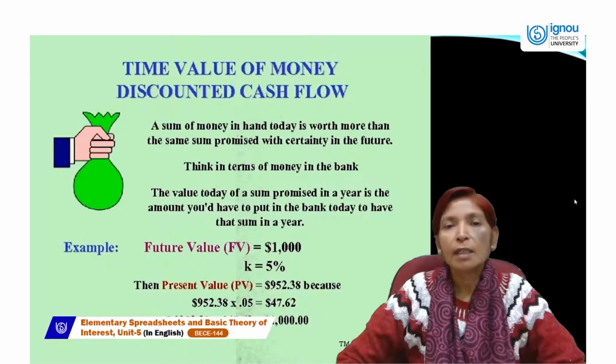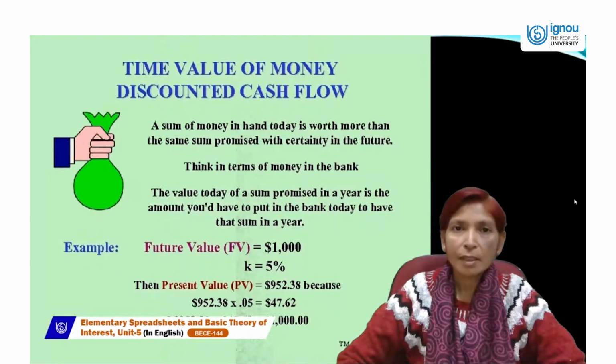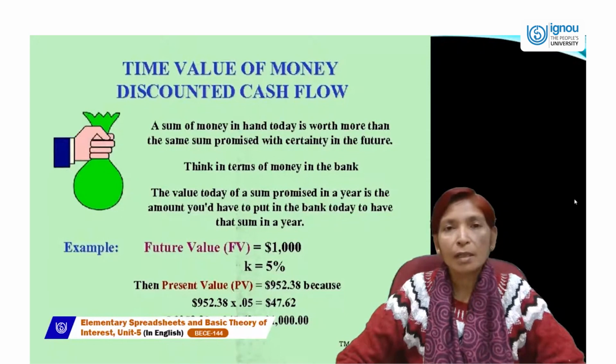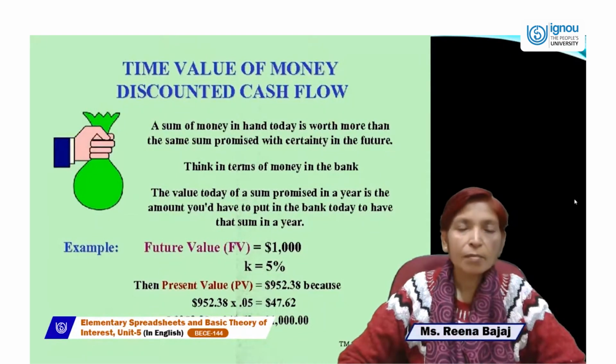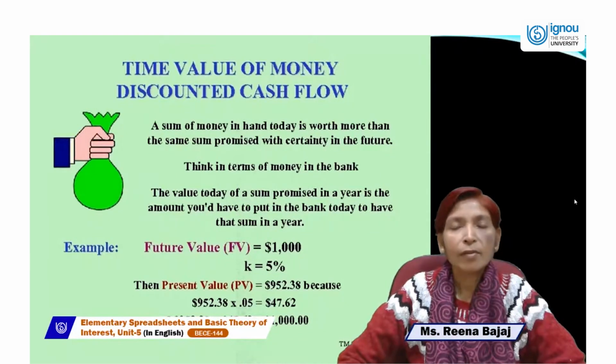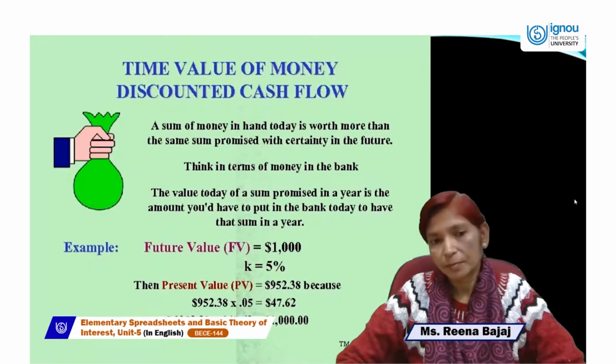It may be 12,000 after 2 years or 3 years, because interest will also be added to my deposited amount, and when the interest amount is added to my deposited money, then we will get a higher amount in future.